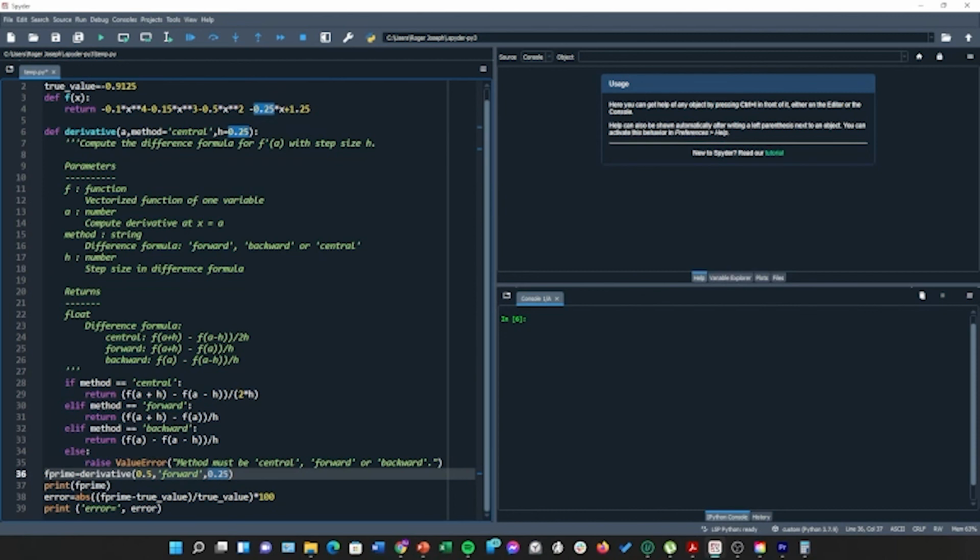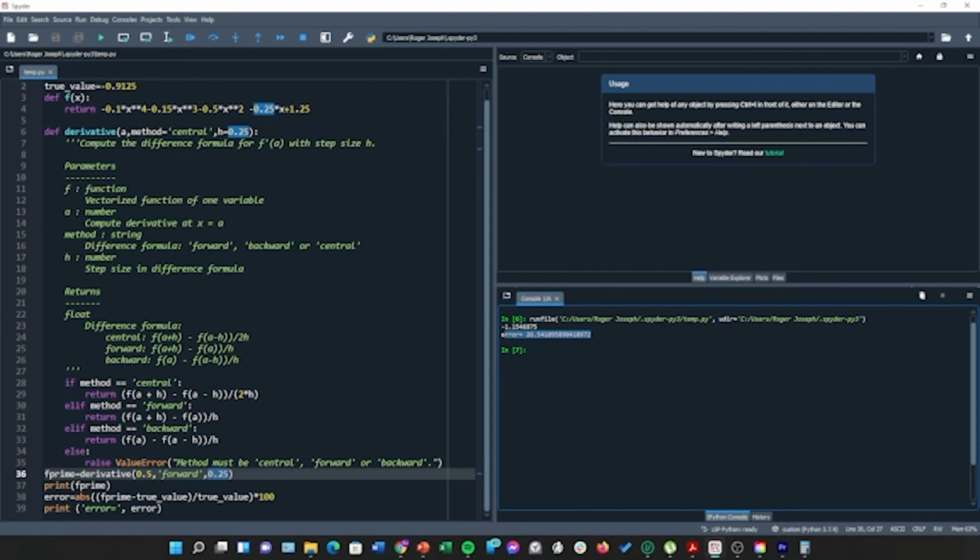If we run this one, we'll get the value of negative 1.1548, which has an error of 26.54%.